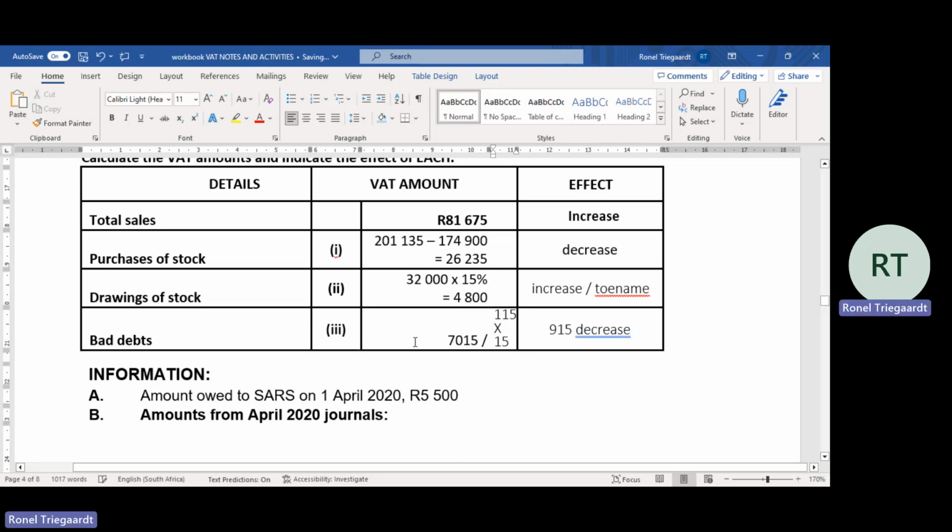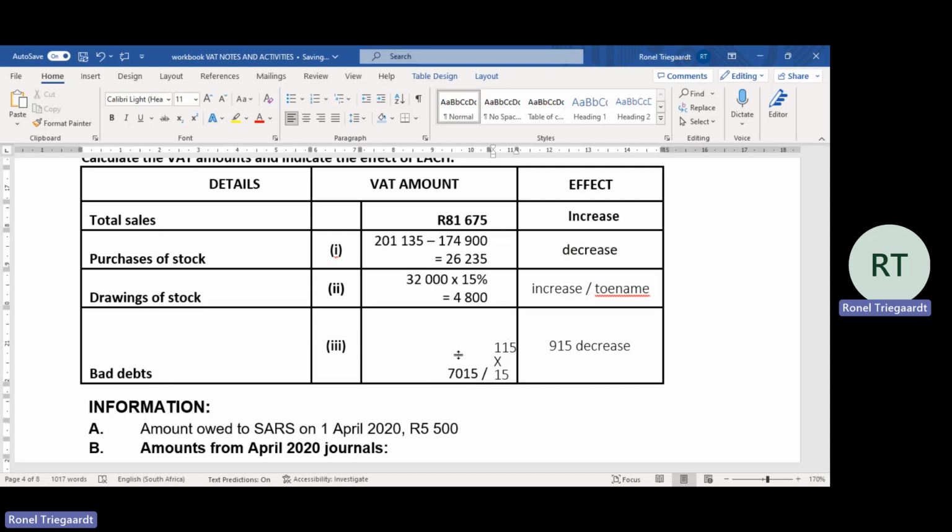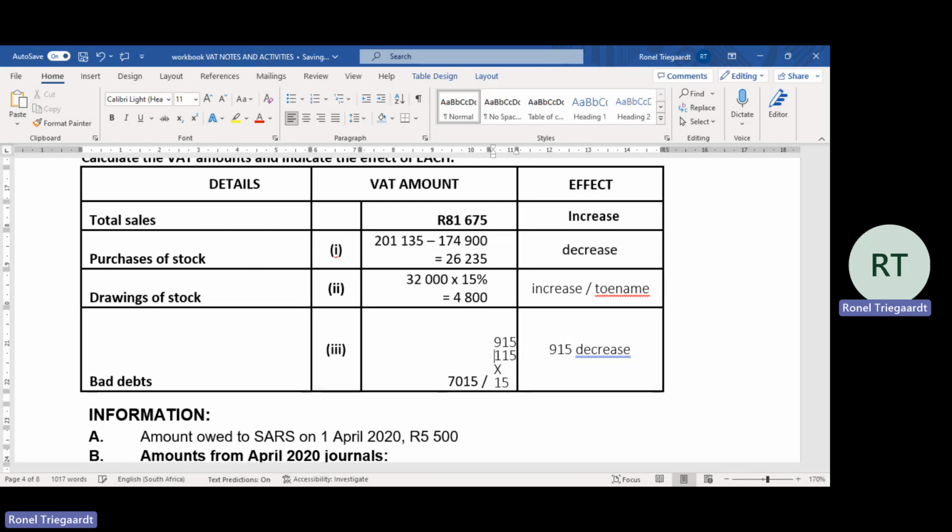You want to know, this equals the amount. The total including the VAT, we want to know what is the VAT amount, and that gives me the answer here. The calculation will be in the end. Dit gee my R915. That is the answer. Are you fine? Yes.